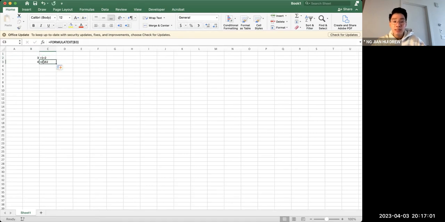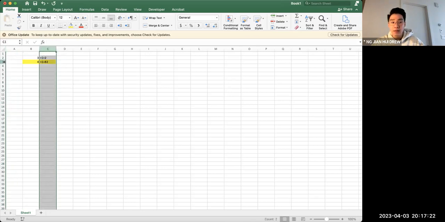All right, and you notice that for this cell here, it is a reference, a cell reference. So in your submission, you can do a screenshot. But when you do a screenshot, make sure you include the top row number, A, B, C, and 1, 2, 3.